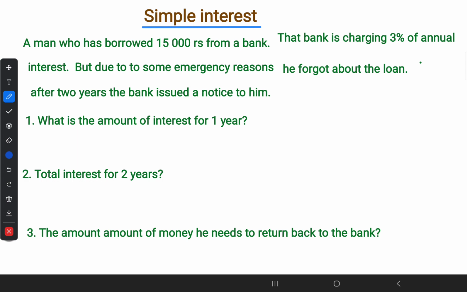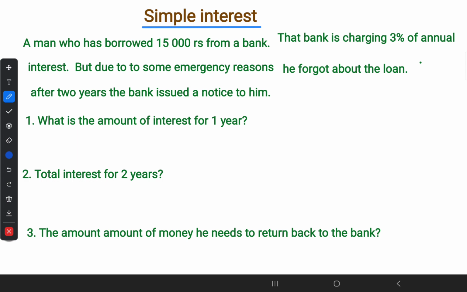Somehow he forgot about the loan, but the bank's agreement is not satisfied by that reason. By forgetting, we can forget anything. He forgot about the loan, but he needs to pay the additional interest as well.